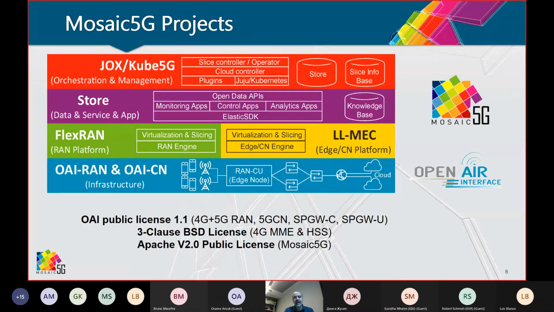So here is the stack of Mosaic 5G. On the bottom, the blue, you see OAI, as you saw before. This is where all the OAI code base for 4G and 5G resides. In the Mosaic 5G project, we created software packages for OAI.